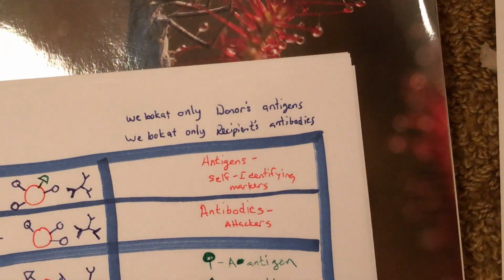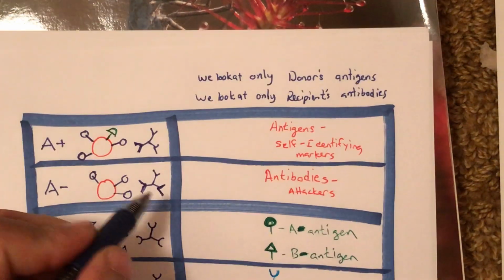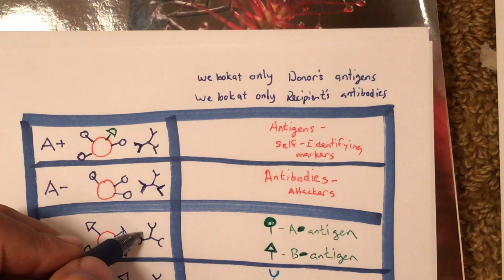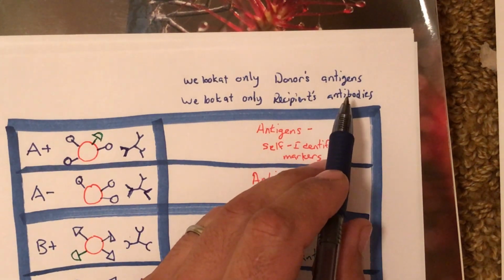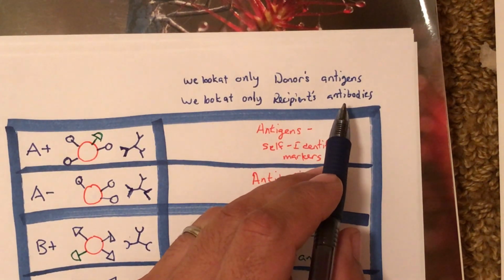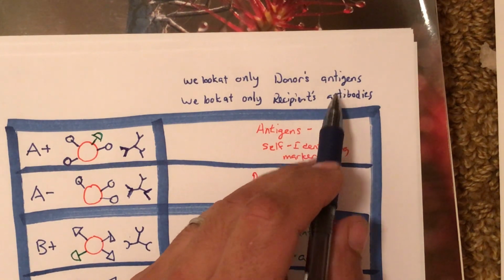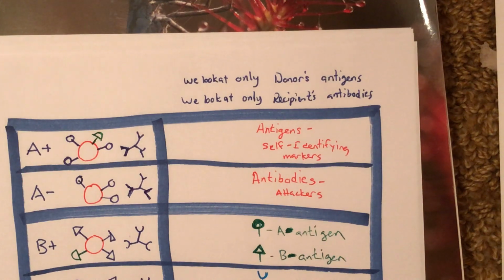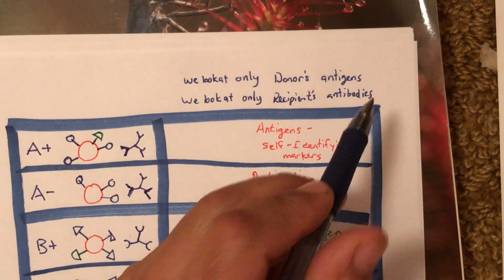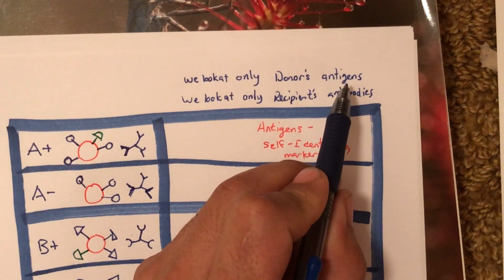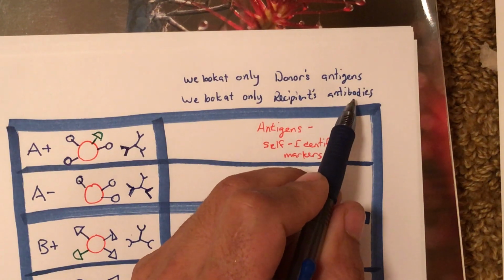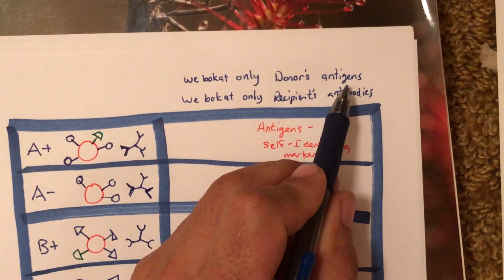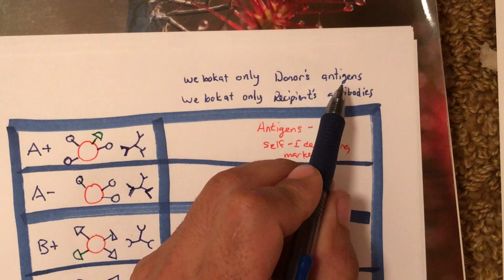Why? Well, because that's the only thing that's going to be doing the attacking. We don't really care about the recipient's antigens, because they don't attack. And we don't care about the donor's antibodies because we don't give them in the first place. We only give red blood cells. The antigens are found on the red blood cells.